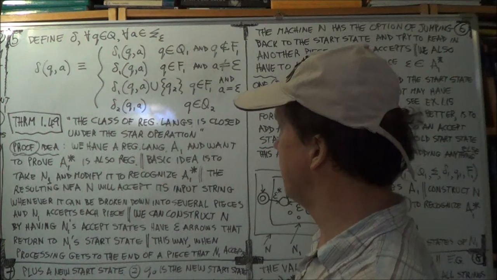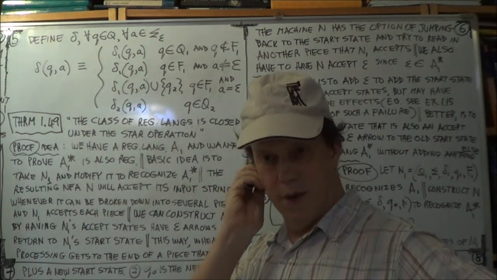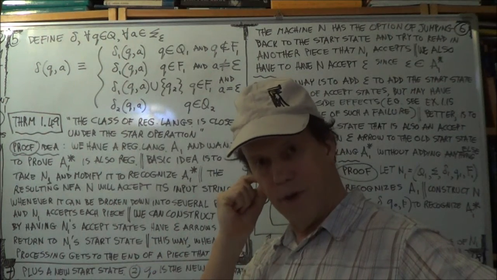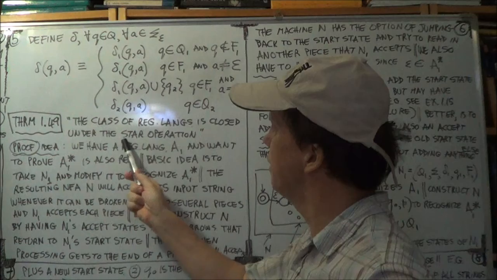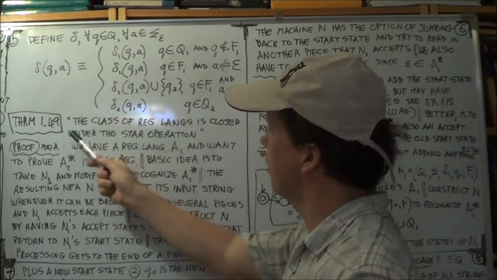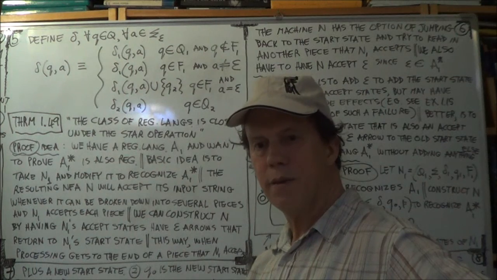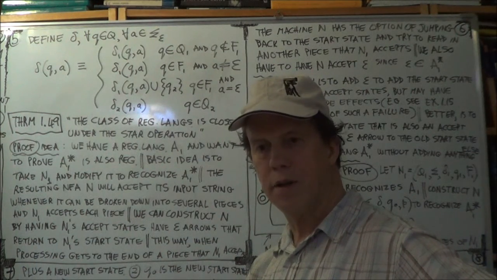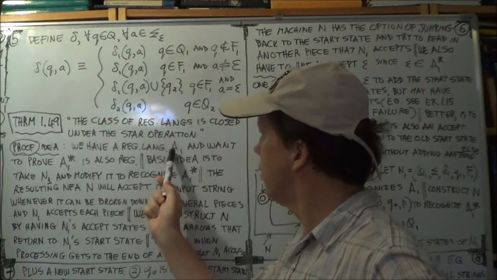Okay, now the third one of the three. A similar theorem statement with just one word changed. So now we have the star operation here. So the class of regular languages is closed under the star operation. Now, can you remember what star means? It's a little different. Instead of having two languages, we only have one language.